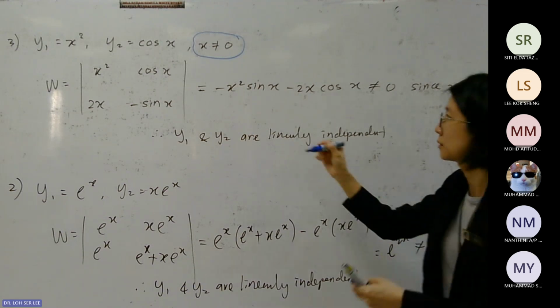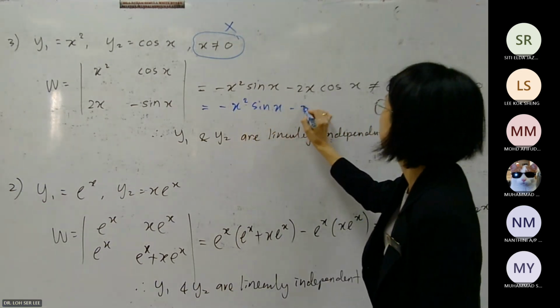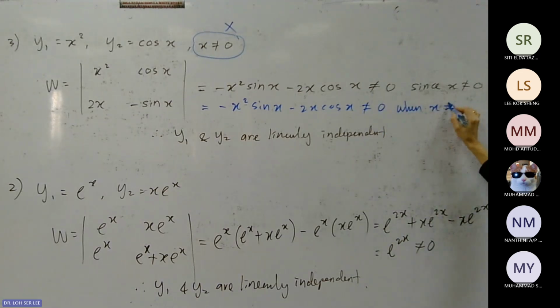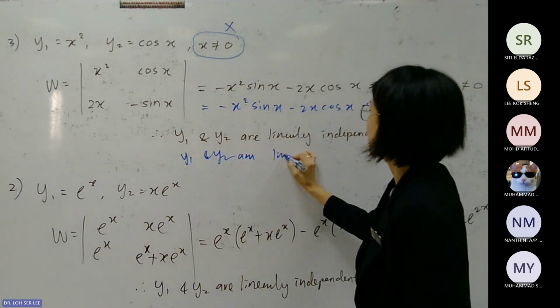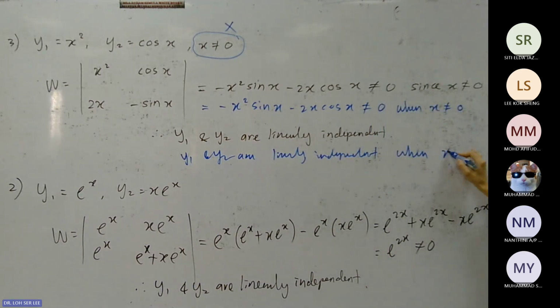This means if this is not given, your answer will be that y1 and y2 are linearly independent when x is non-zero. Other than that, it will be 0.